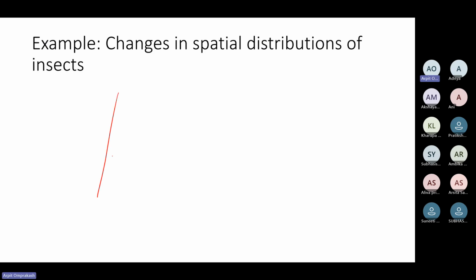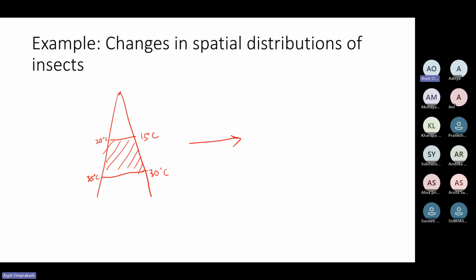So we talked about it before. Basically, let's say you have a hill and you have this range, which is basically 30 degrees to 15 degrees, where your particular type of insect can survive. Now, due to climate change, this part gets heated up from 30 to let's say 35 degrees. This part gets heated up to 20 degrees.